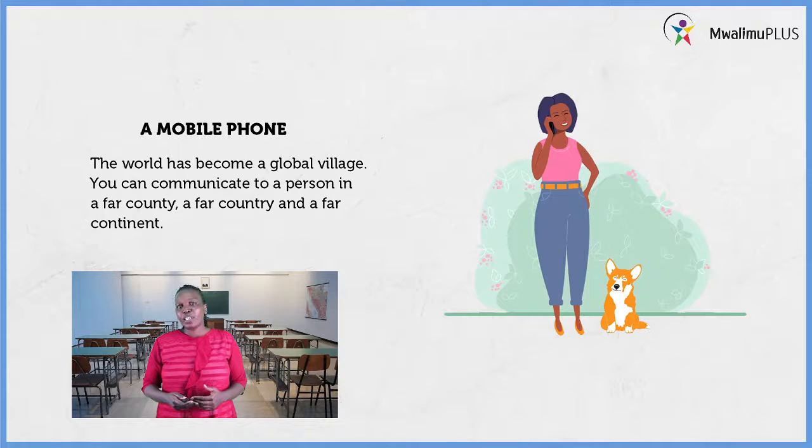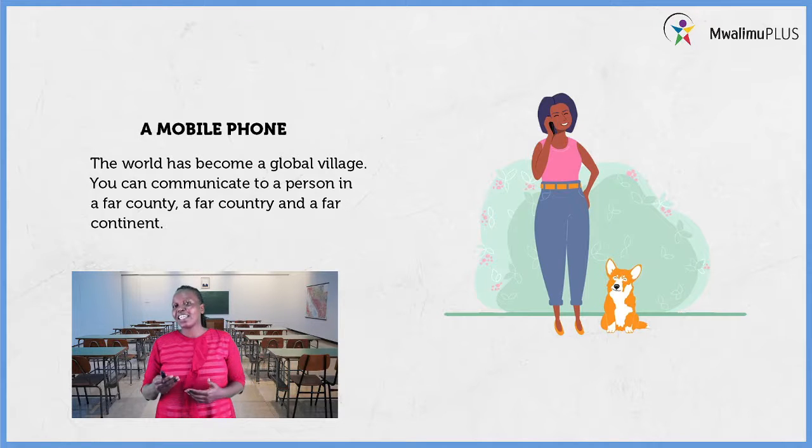You can communicate to a person in a far county, a far country, and a far continent, meaning you can use a mobile phone to communicate to a person in your county or a person in another county. For example, a person in Nairobi County can communicate to other people in the same Nairobi County and can also communicate to people in other counties like Mombasa County, Kilifi County, and the others.